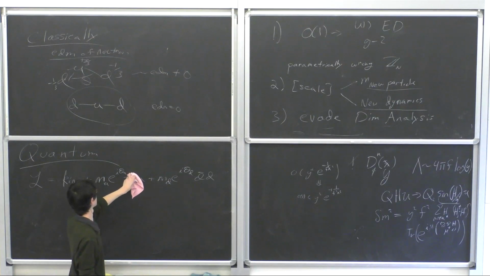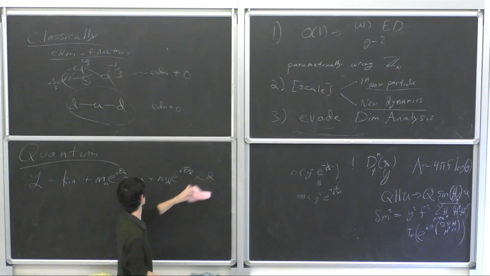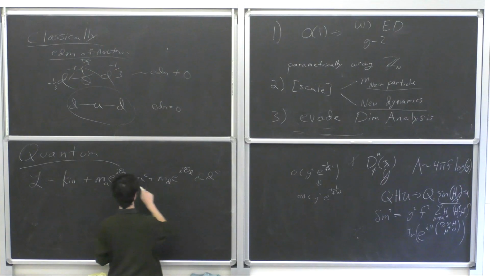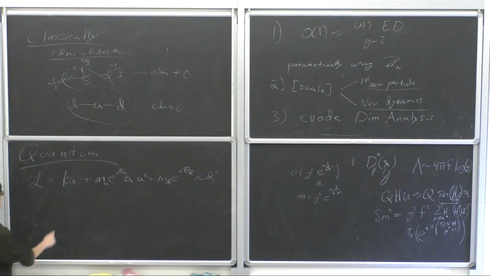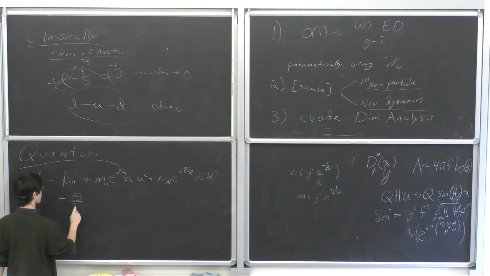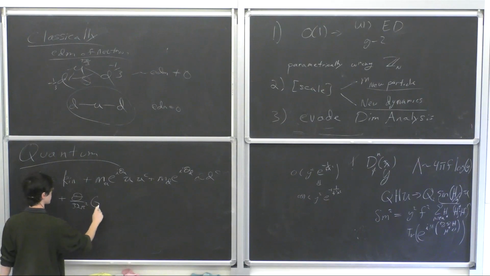Actually I was doing conjugates notation, so u u-conjugate, d d-conjugate. Okay, so there are mass terms, right? But we're EFT people. We write down every term consistent with the symmetry of our problem. And so we could write down a term plus theta over 32 pi squared G G-tilde.